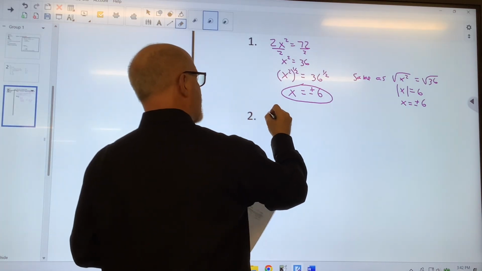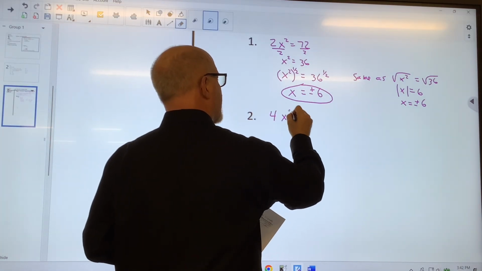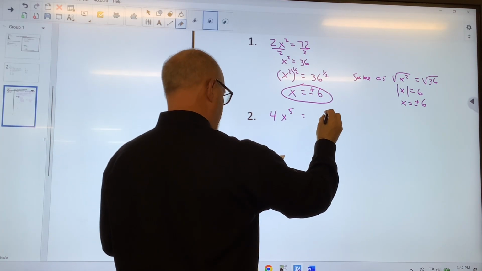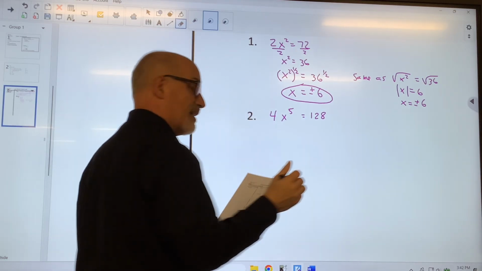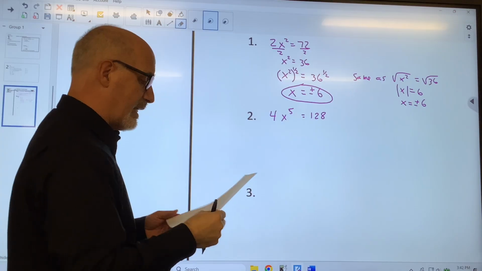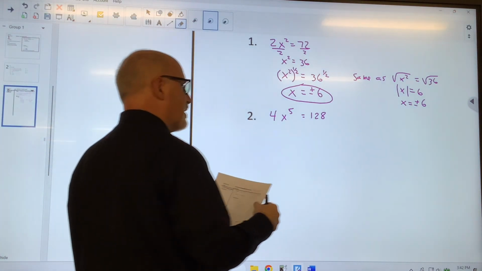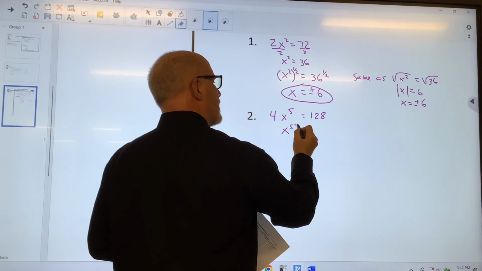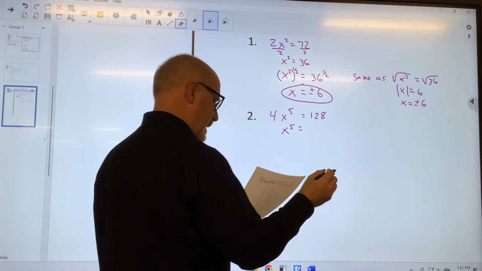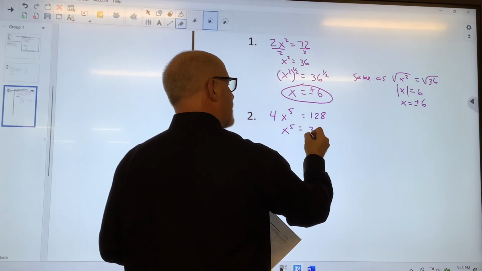Second problem we'll do is 4x to the 5th equals 128. Here our power equation has an odd exponent, so we're not going to need a plus or minus on it. The first step is to divide both sides by 4. So if you take 128 and divide by 4, you get 32.